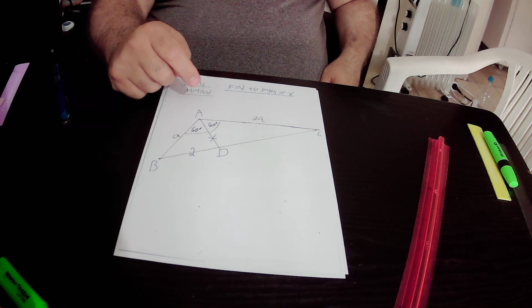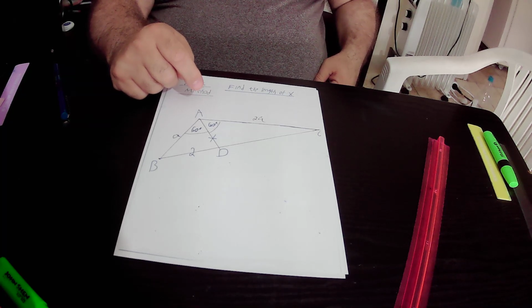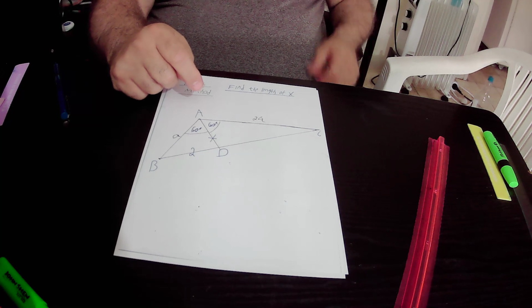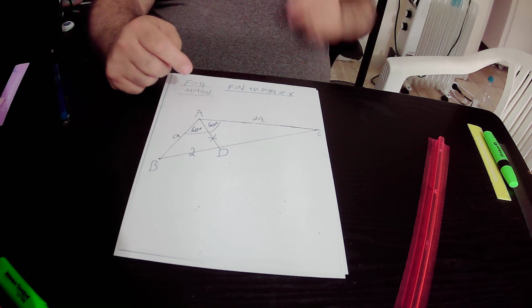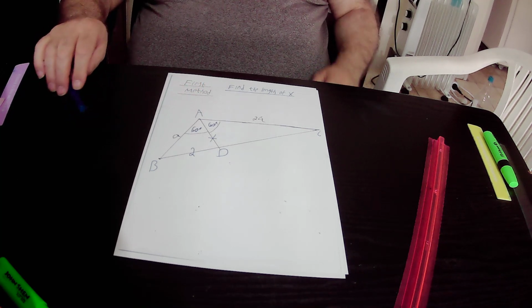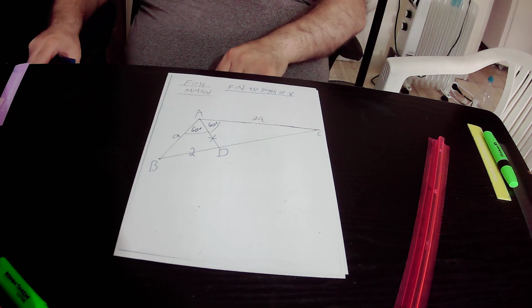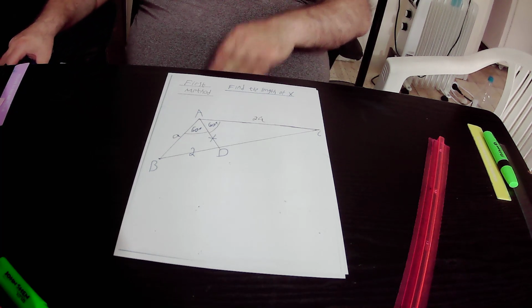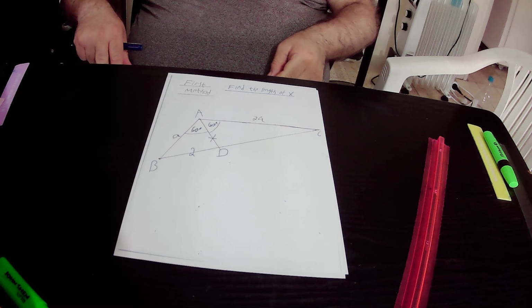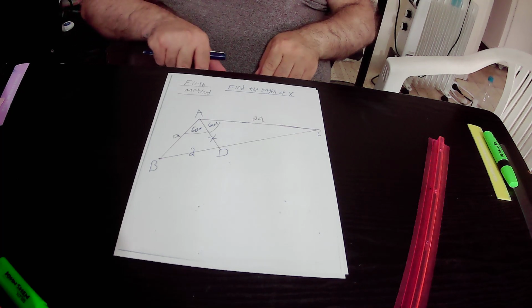So, first of all, I will present to you a new rule, which is the angle bisector theorem. I already mentioned it in the past, so we'll do it quickly. Now, what is the angle bisector theorem?